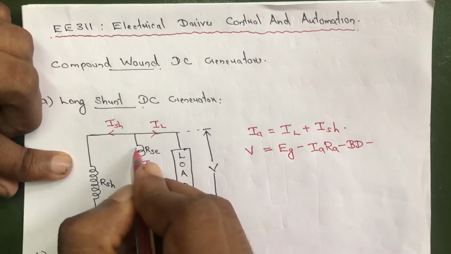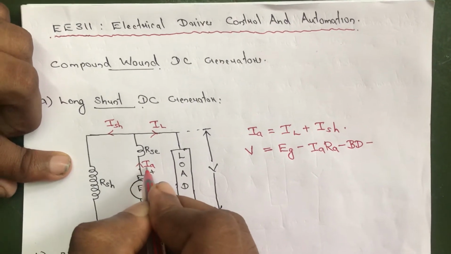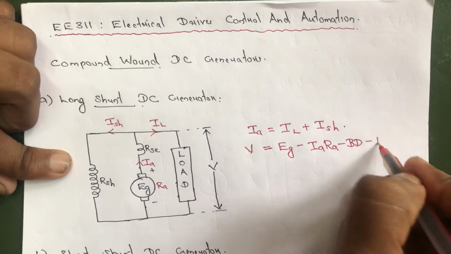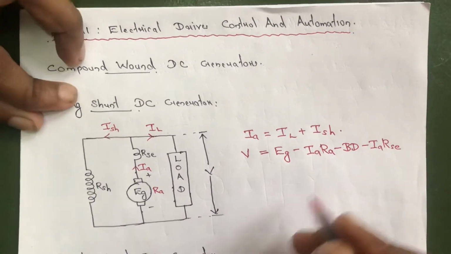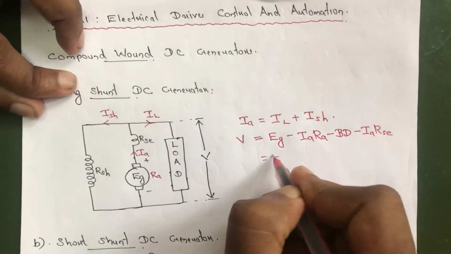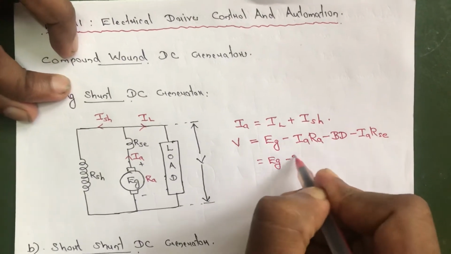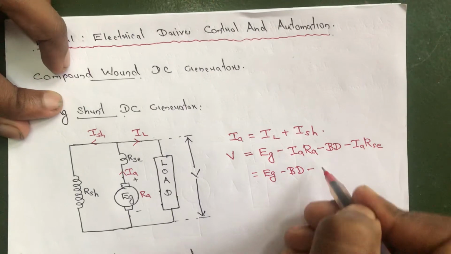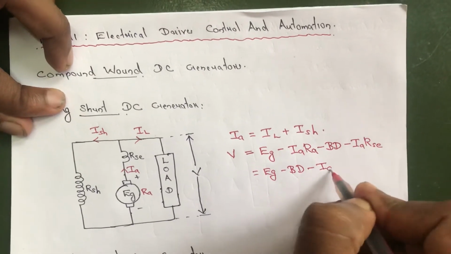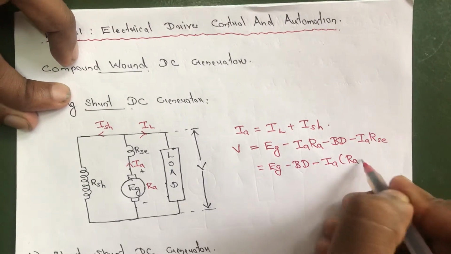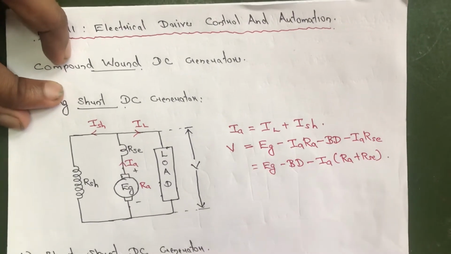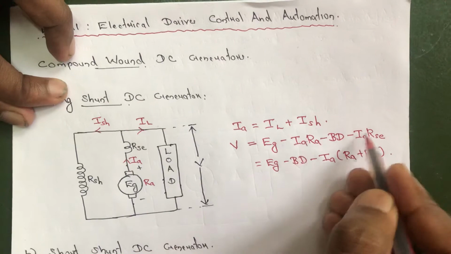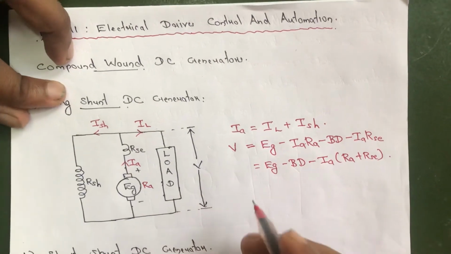The current flowing through RSC is IA itself, so IA RSC drop. So we can write V equals EG minus brush drop minus IA into RA plus RSC, where we take IA as common. So this is the voltage equation.